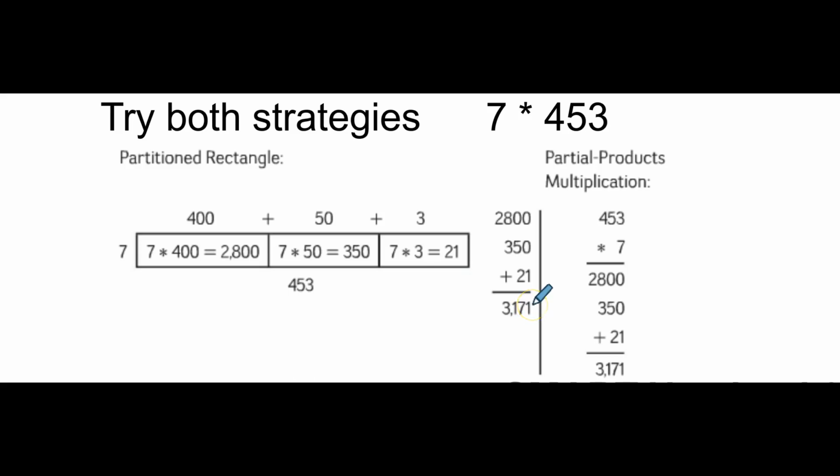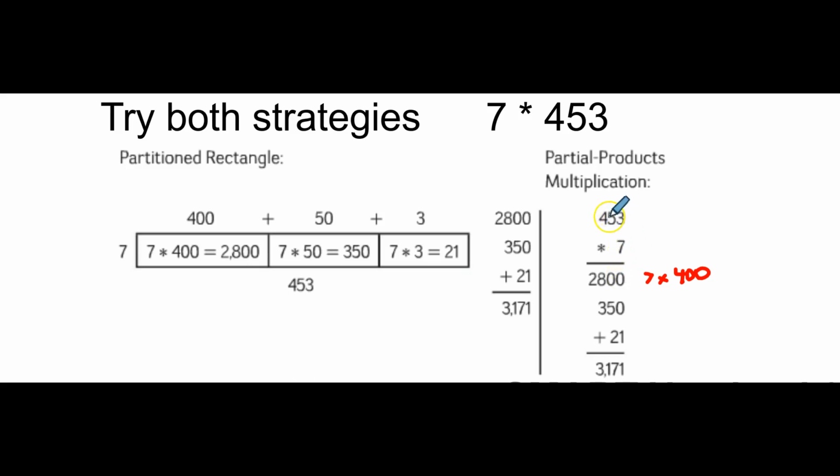And here is our final product. Now, for doing partial products multiplication, you're doing the same thing. So here we have 7 times 400. We need to know our place value. And when we did 7 times 400, we get 2800.